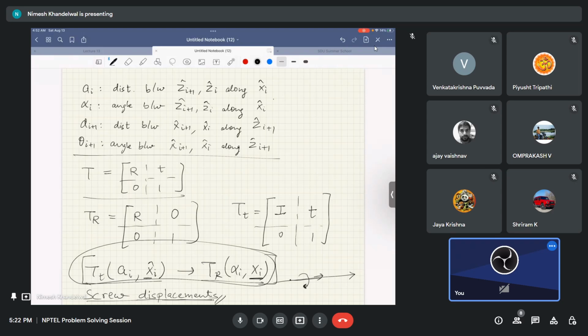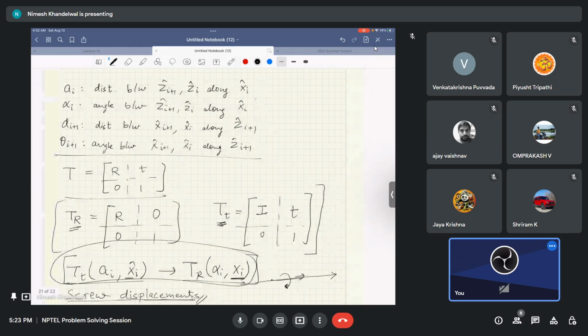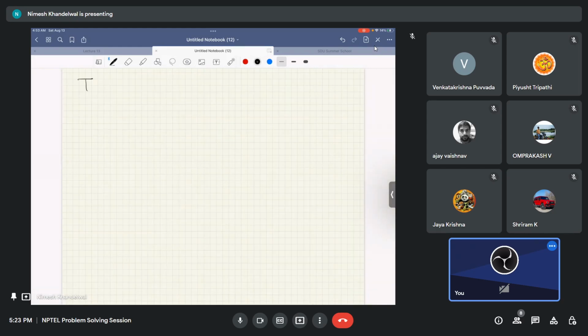As I had made two different transformations here, one for single rotation and one for translation separately, I will define a screw displacement transformation that takes, let's not write di, let us write some translation and some rotation about a particular axis.